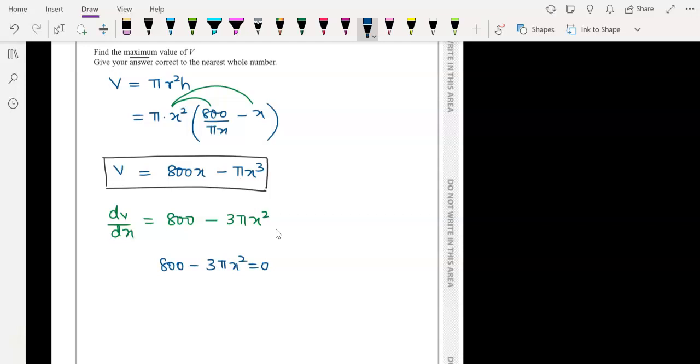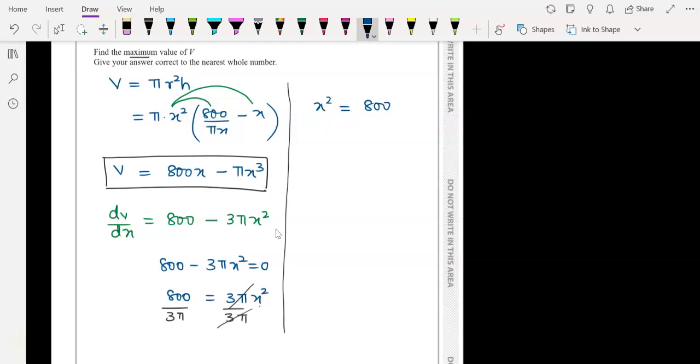I need to find the value of x, so we'll isolate x. I'll move 3 pi x squared to the right side. So 800 equals 3 pi x squared. I want x squared alone, so divide both sides by 3 pi. So this will get cancelled, and we are left with x squared equals 800 over 3 pi.